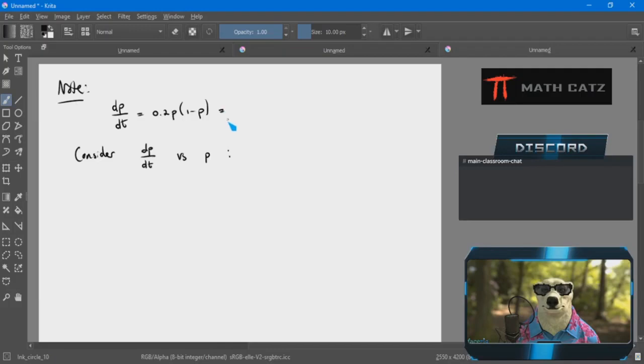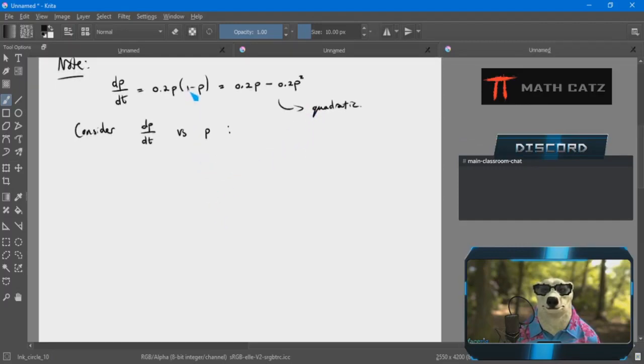Well, if I simplify the right-hand side to 0.2p minus 0.2p squared, I see that the right-hand side is quadratic. So the growth rate, not per capita, this is a different note now, the growth rate is a quadratic function in p. And it's a simple quadratic function as well, because I can see the intercepts and everything.